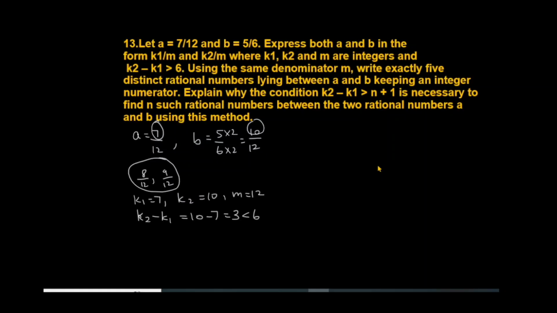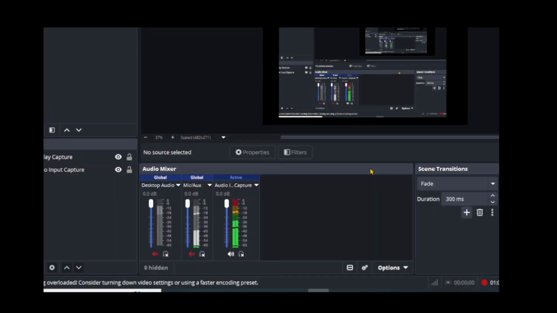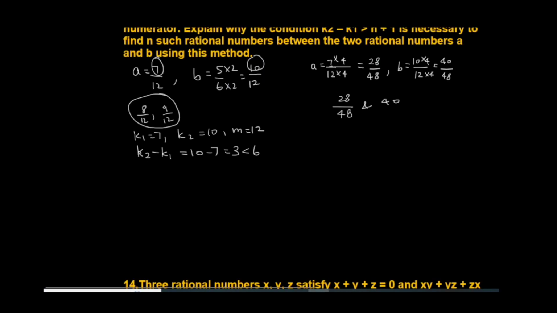Suppose I multiply this with some other number. So a is equal to 7 by 12. I'm going to multiply numerator and denominator with 4. So I will be getting 28 by 48. Then b is equal to 10 by 12 into 4 by 4 is equal to 40 by 48. Now 28 by 48 and 40 by 48, many numbers are there.